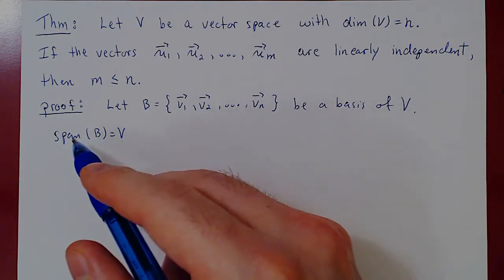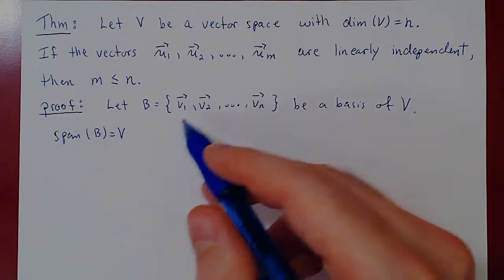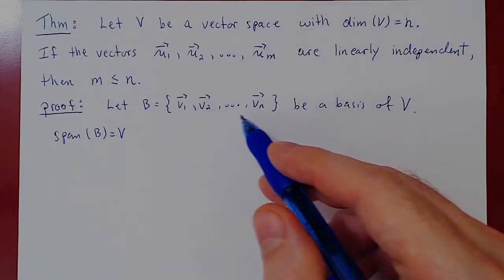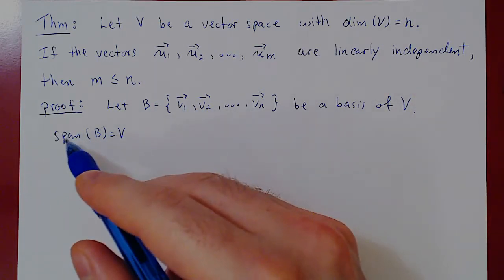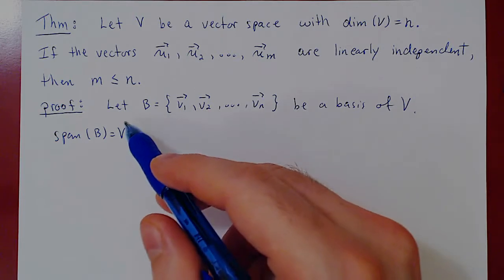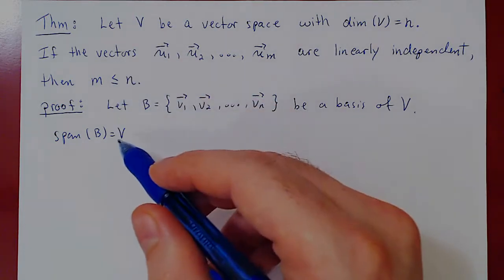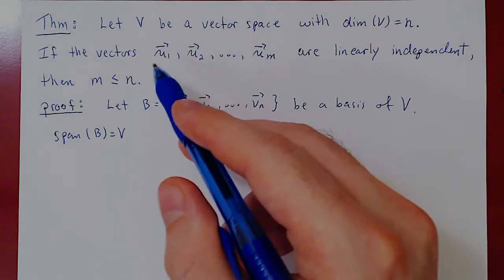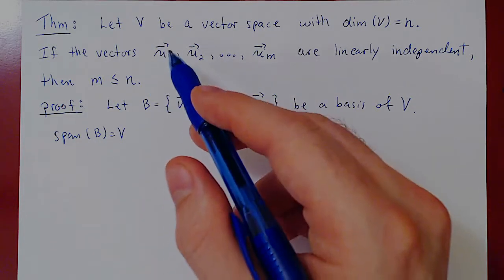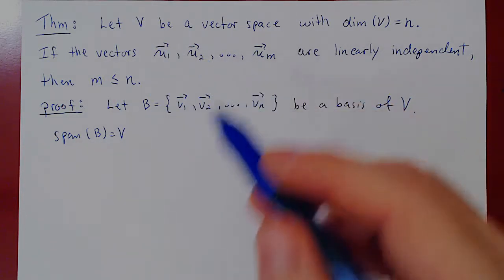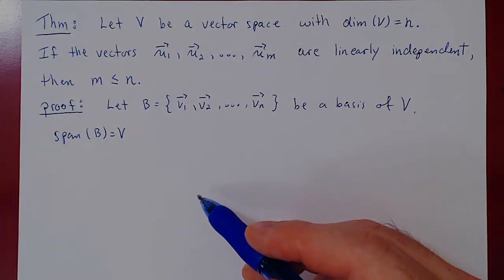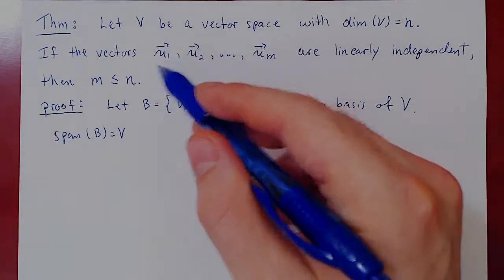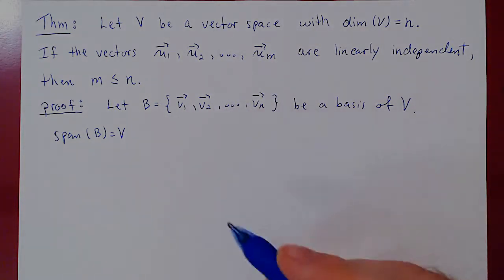It means that if we take all possible linear combinations of these n vectors, that is by definition what the span of B is, we can generate the entire space V. Well, because the u's are vectors in V, we can express every one of them by a linear combination of these n basis vectors. Well, let's express u1 as a combination of these vectors.